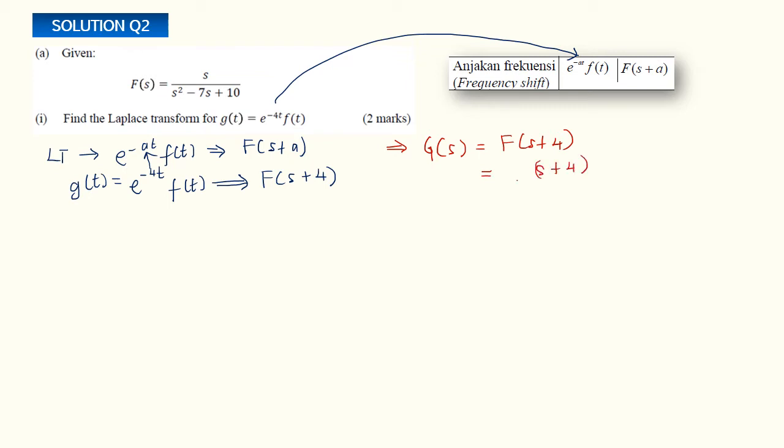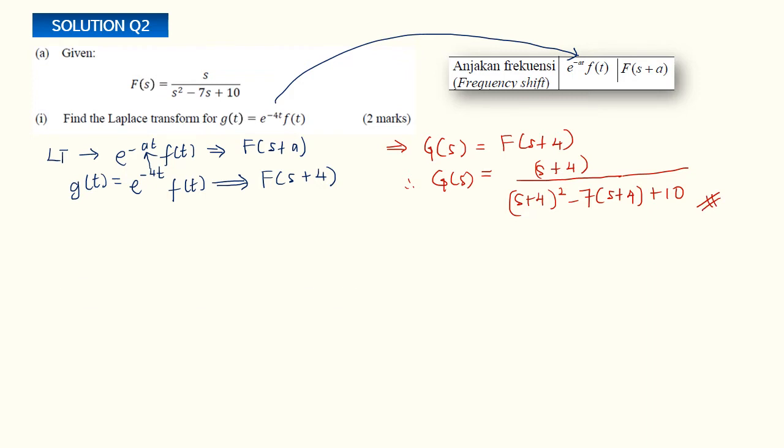So all s must be added by 4: (s plus 4) squared minus 7 times (s plus 4) plus 10. So this is your G(s). Because the question asks for the Laplace transform of g(t), it is G(s).